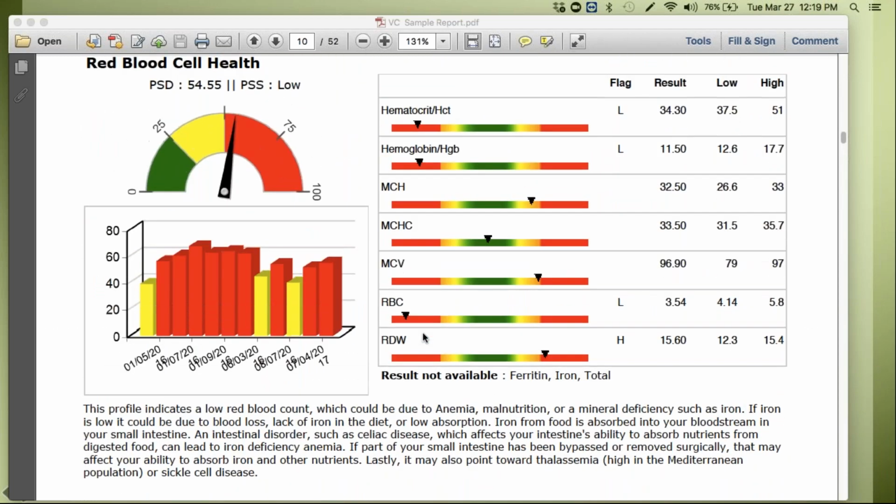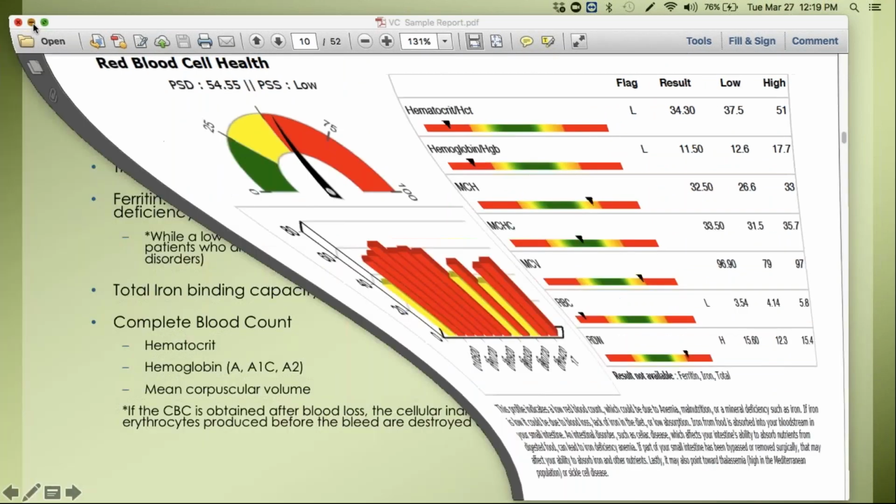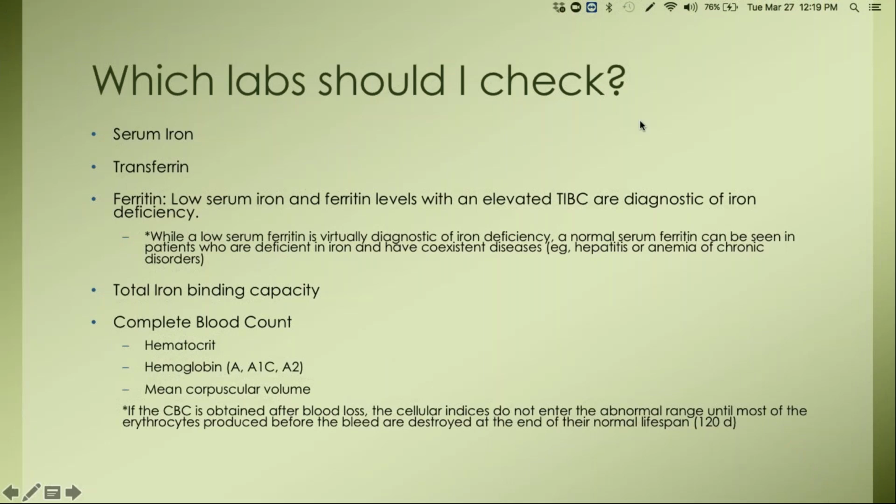Okay, all right. I'm going to go back to the original slide set we were on here and continue talking about labs that you can order and differential diagnoses of those labs. Okay, so we've talked about serum iron, right? You could just plain old check the iron levels. Transferrin.